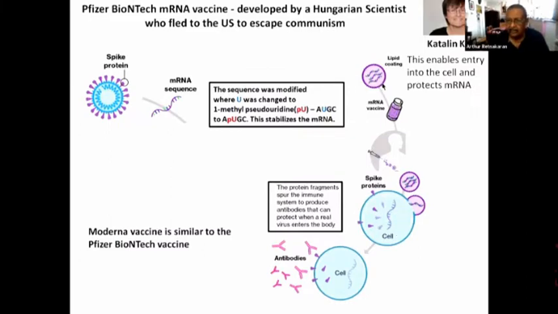So once I have this little lipid package carrying this modified mRNA sequence of the spike protein, it enters the cell. Once it enters the cell, it produces all the proteins for the spike protein. They come out and they produce antibodies, and these antibodies neutralize the viral protein.